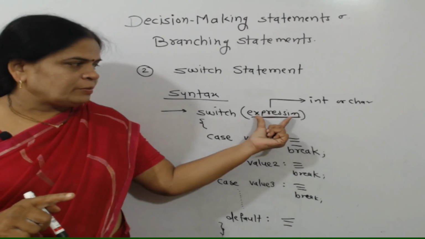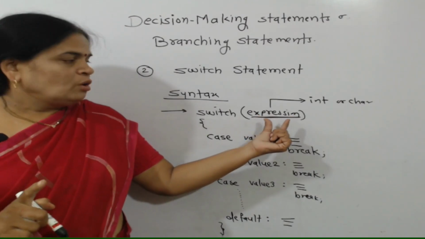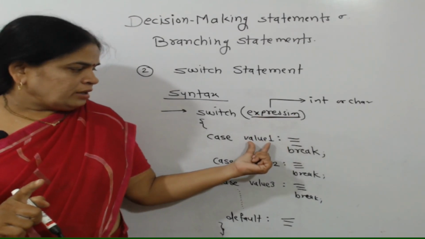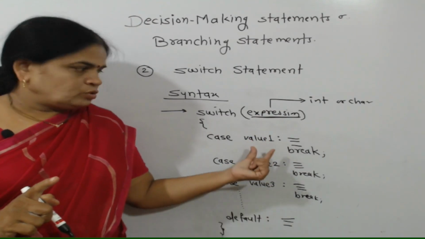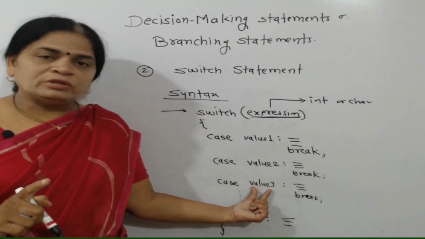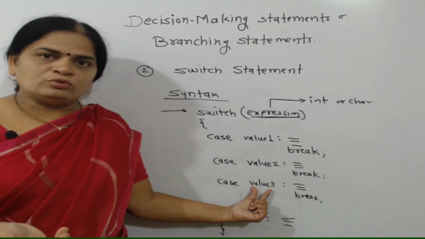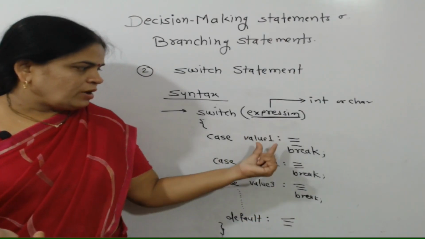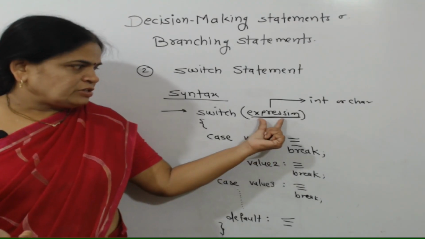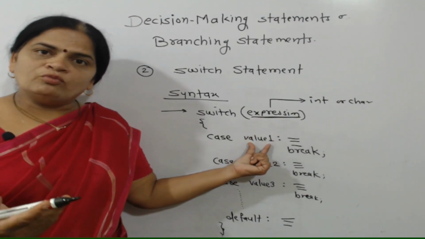The value of the expression will be matched with each case value. These value 1, value 2, value 3 are called the case values or case labels. Firstly this expression value will be matched with value 1.